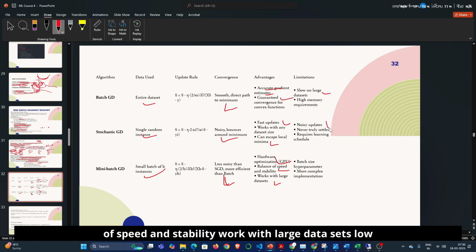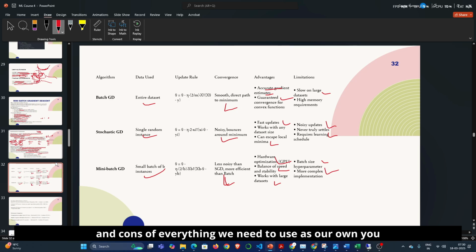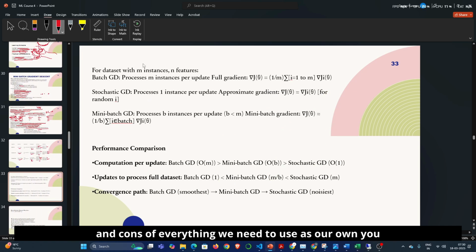Batch is slow on large data, SGD is noisy. So these are the pros and cons of everything, and we use them as per our own need. Batch gradient processes m instances per update, stochastic processes one instance per update, and mini-batch processes b instances per update, where b is less than the total instances m.